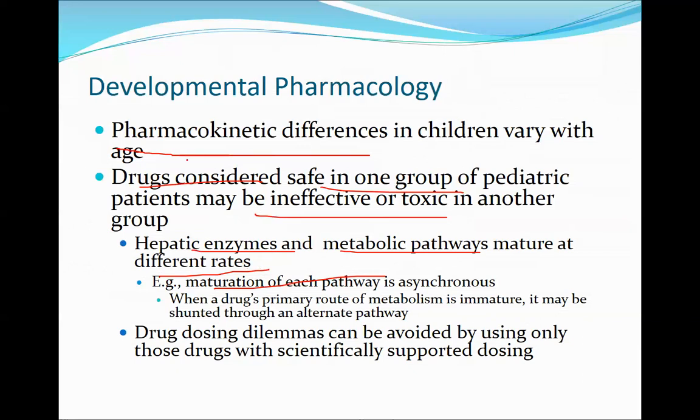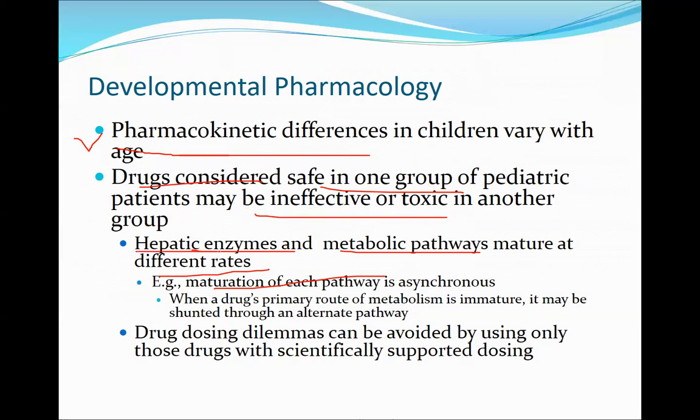There are a lot of pharmacokinetic differences in children, and they vary with age. Some drugs that are considered safe in one group of pediatric patients could be ineffective or maybe toxic in another group.